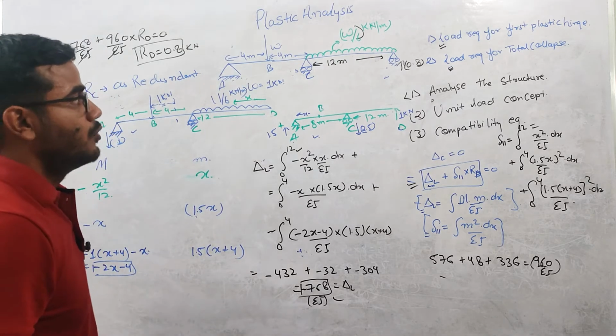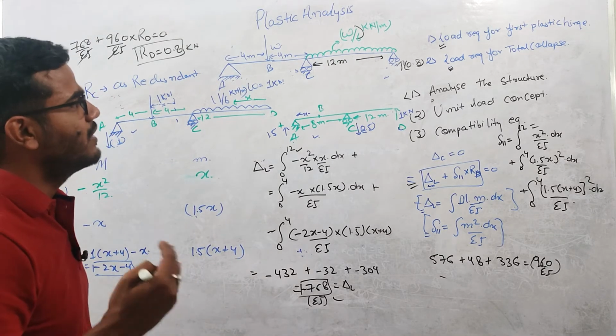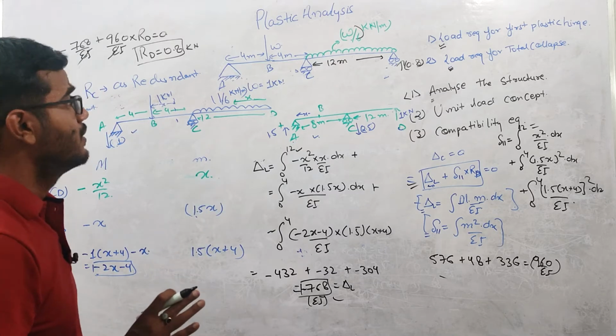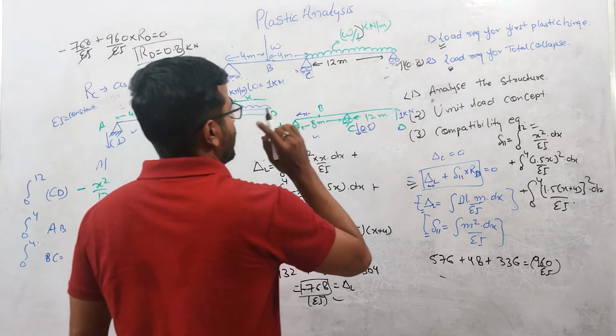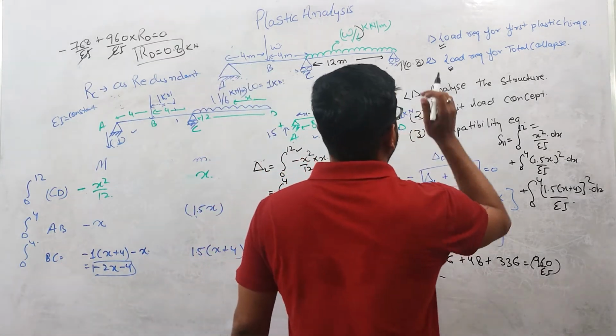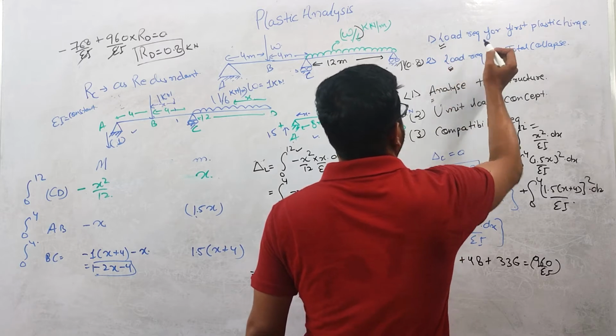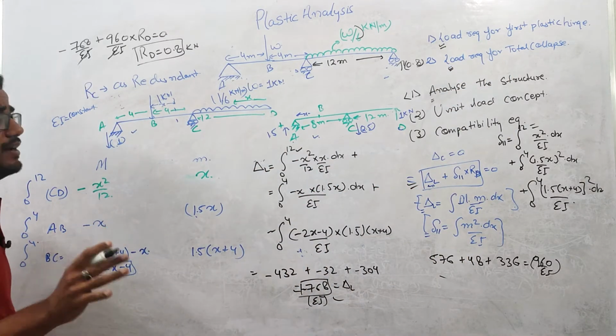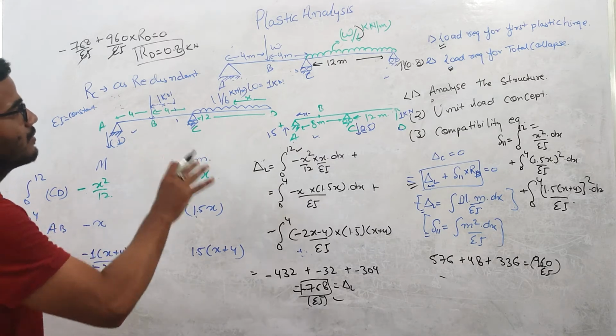If someone asks you what the total collapse is, then you don't need to do all this. But we are interested in how the plastic hinges are forming, at what load the first plastic hinge is formed. So for that you need to follow this incremental load method to analyze this continuous beam.